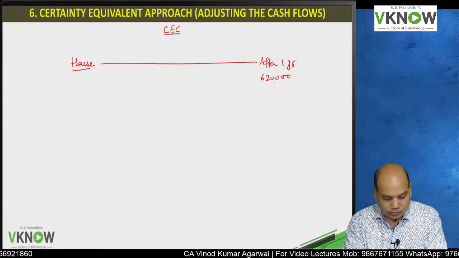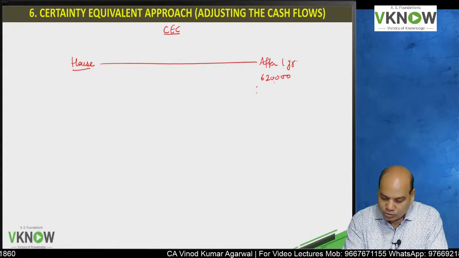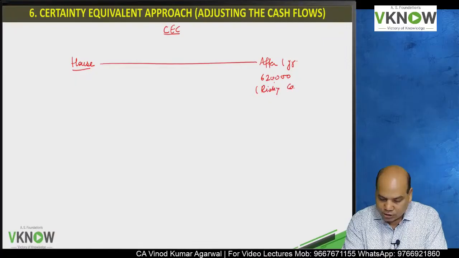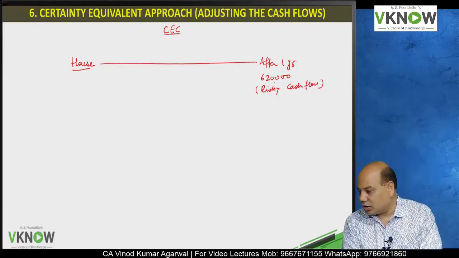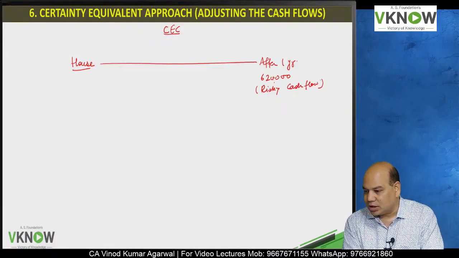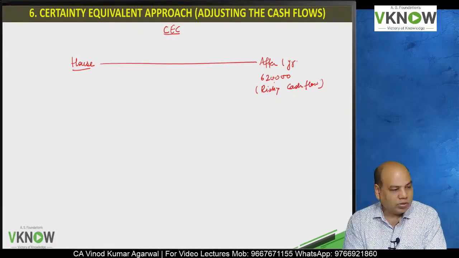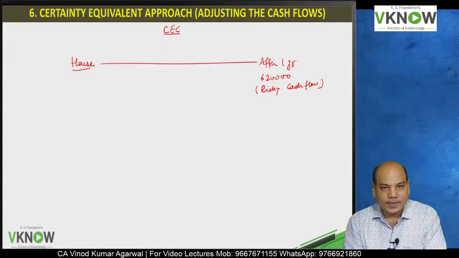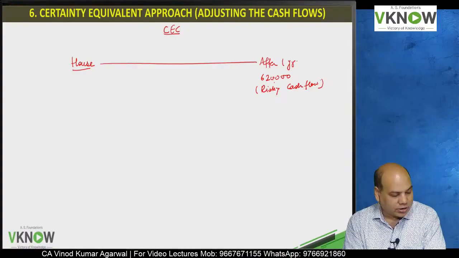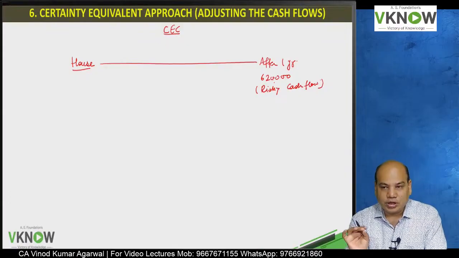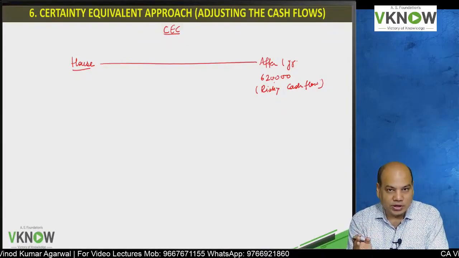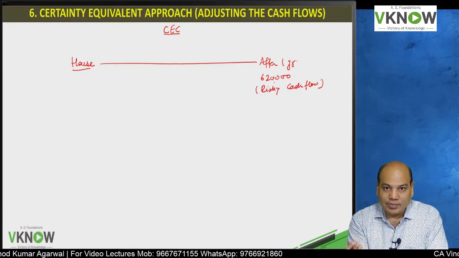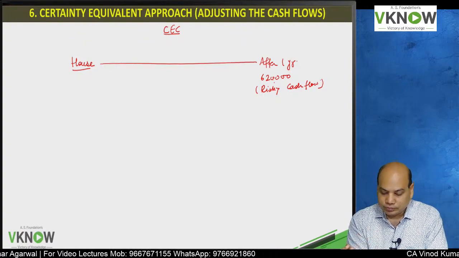Is this a risky cash flow or uncertain cash flow? Yes, it is risky cash flow, it is uncertain cash flow, because it is only my estimation that this house can be sold for 6,20,000. It can go wrong, it can change. I may get less than 6,20,000.